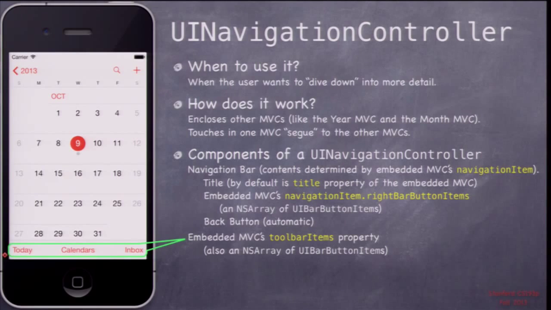So the navigation controller calls toolbarItems on the embedded view controller, and it returns an NSArray of UIBarButtonItems, and it puts them at the bottom. If the embedded view controller doesn't want any bar buttons at the bottom, then it just animates that gray thing away, and animates it back if you navigate back to one that does. So everyone understand the components of UINavigationController?